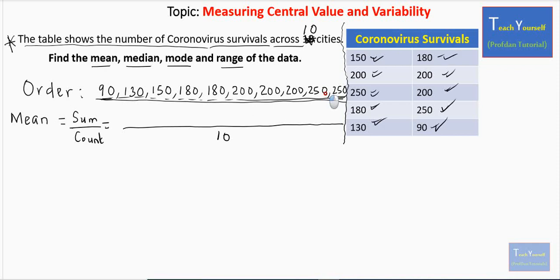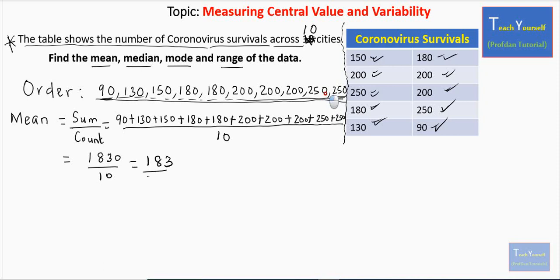So the count is 10. So the addition of all this is going to give us 1830 divided by 10. So the average is 183. So on average, there are 183 coronavirus survivors.